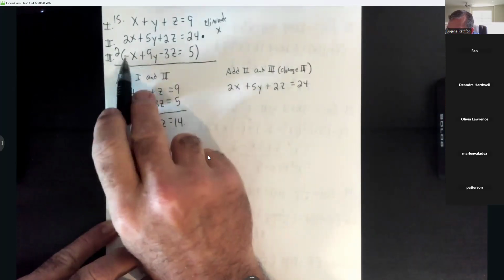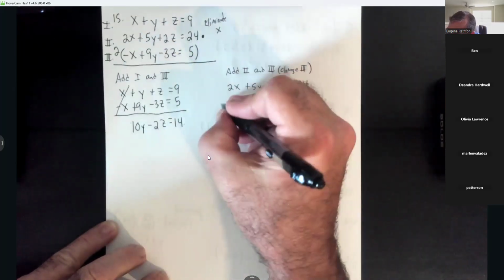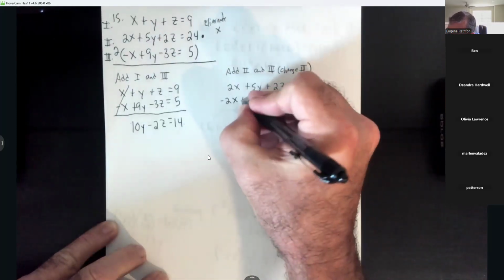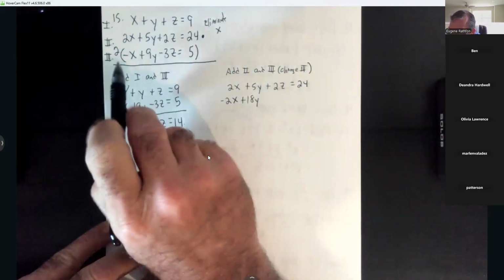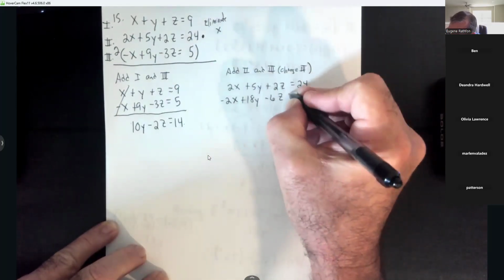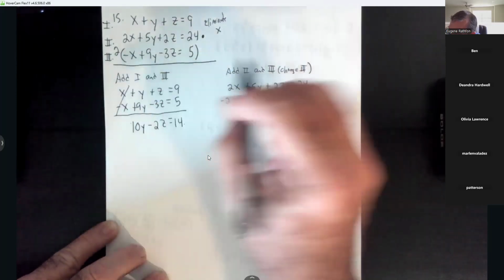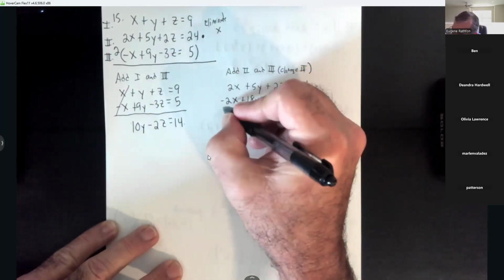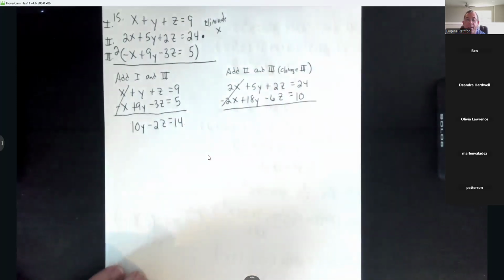Now we're multiplying this row by 2, so that's going to give me a negative 2x. 2 times 9 is 18y. 2 times negative 3 is negative 6z. And then 2 times 5 is a 10. But y'all look at that. X's are canceled again.